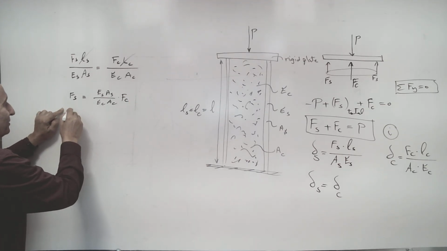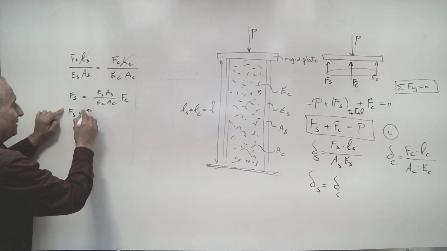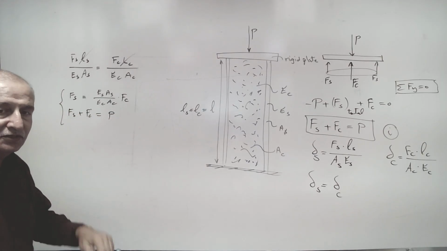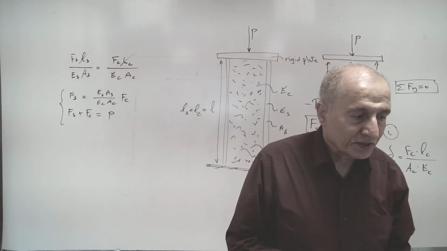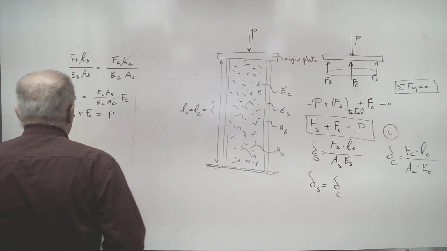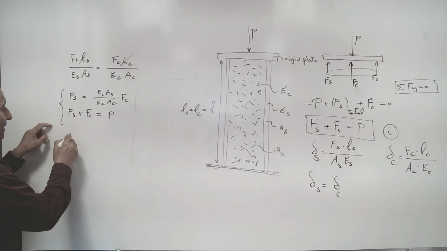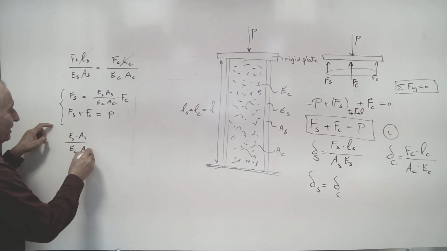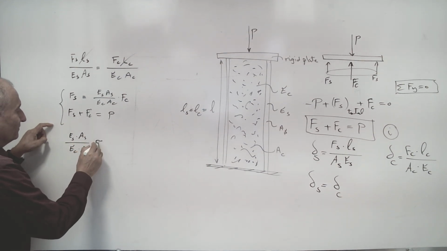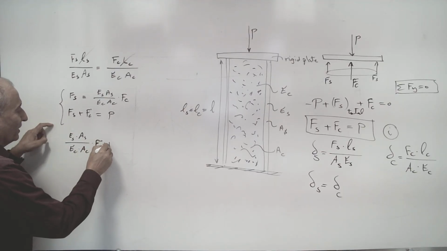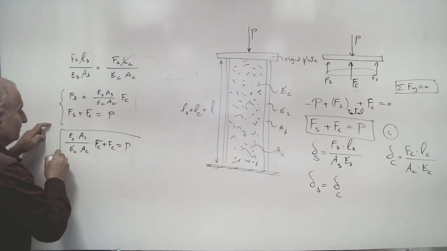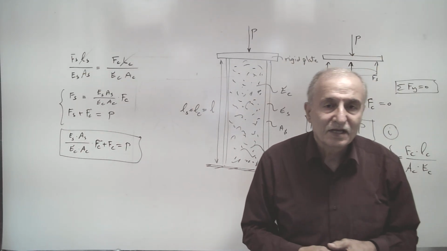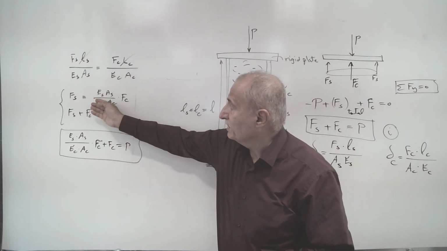And we have another relation, that F_S plus F_C equals P. You can find this system of equations. For example, substitute here: instead of F_S, you can write E_S A_S over E_C A_C times F_C, plus F_C equals P. And you can find how much is F_C, what portion of P is F_C, and then you can put it in here.